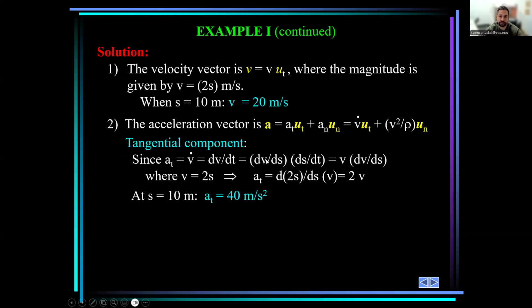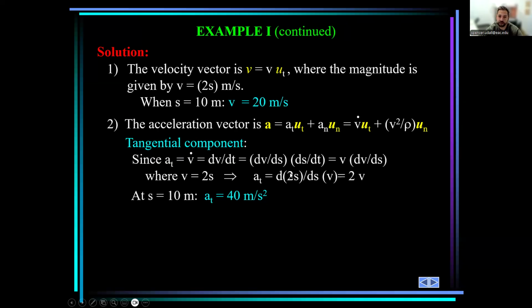And so what they're doing here is they're saying, okay, well, what if I did dv/ds, because this is in terms of s, and then multiplied that by ds/dt, right? So dv/dt is just a_t, that's what we're looking for.